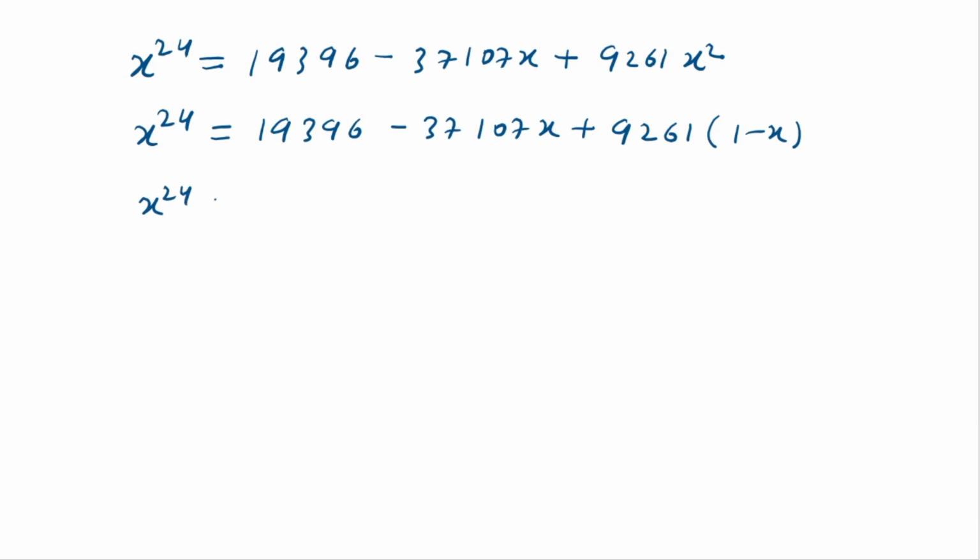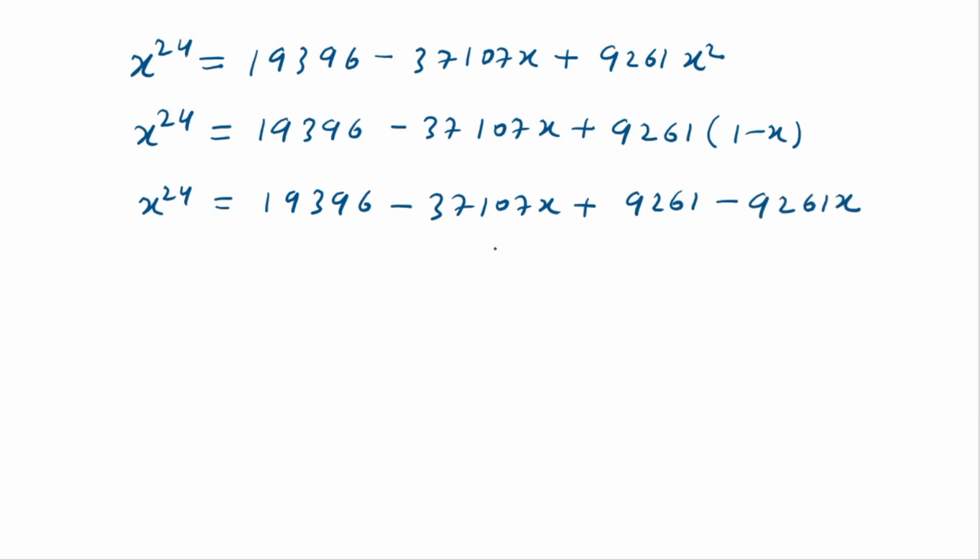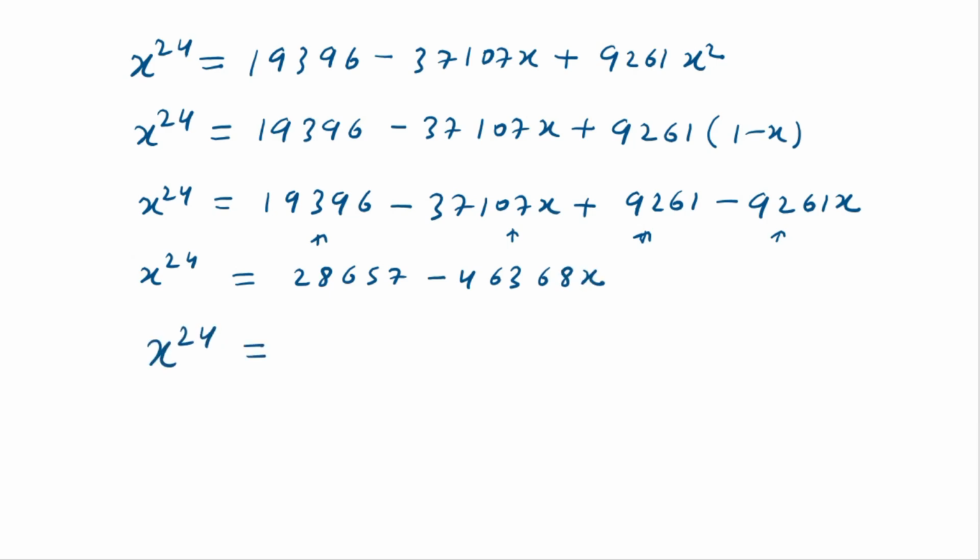Here x^24 equals 19396 minus 37107x plus this number multiplied inside the bracket, then 9261 minus 9261x. Here for x^24, if we add this number and this number, then you will get 28657, and if we add this number and this number, then you will get minus 46368 times x.